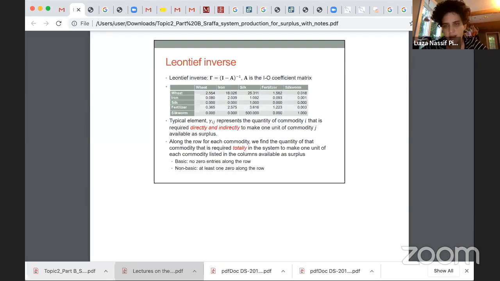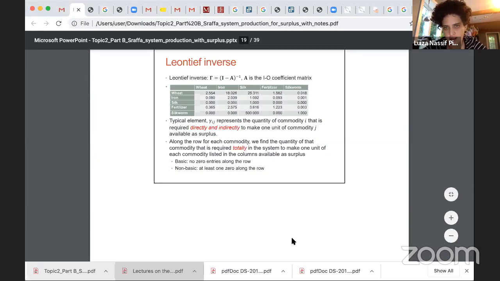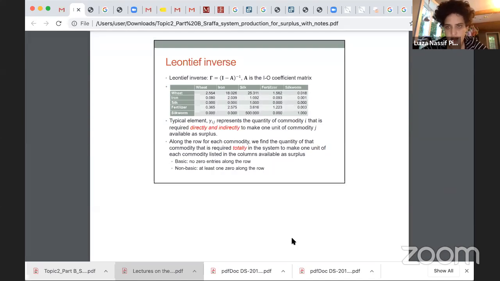But that 0.5 of iron itself has in it 0.25 of iron. And on the next line, you also see 0.66 of coal in the production of iron, and that 0.66 of coal also has in itself some iron. So when you increase your production of iron, you're not only directly incentivizing the increase of the production of iron itself, but you also bring more iron because you're using other things that themselves use iron, and so on and so forth.